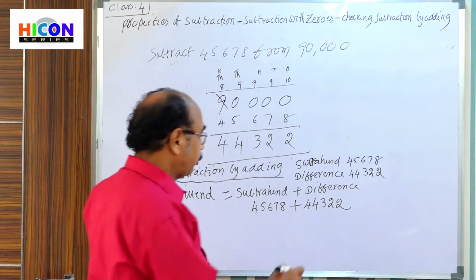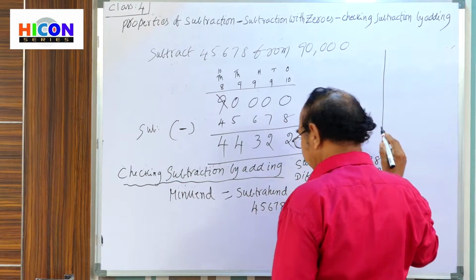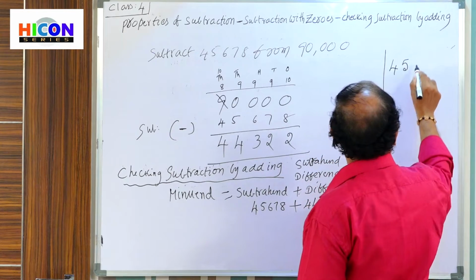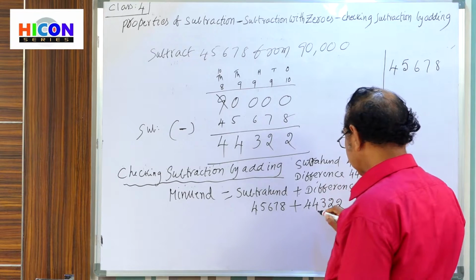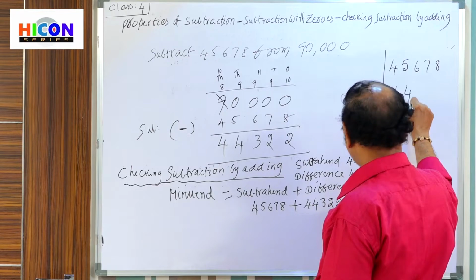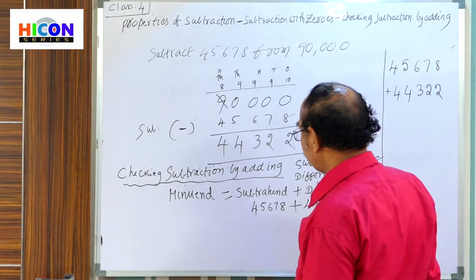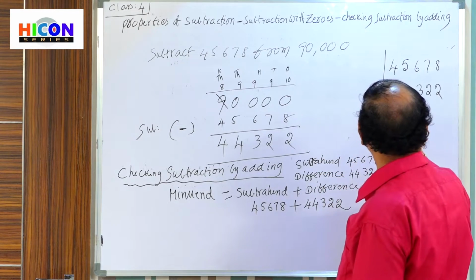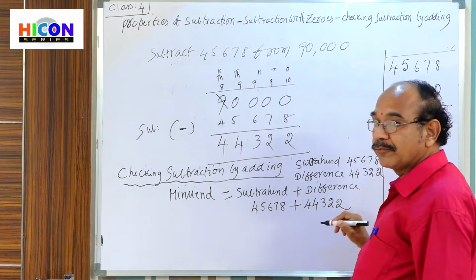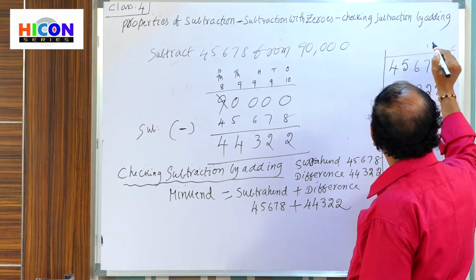Add the two numbers. 8 plus 2 is 10. Write 0 here, 1 is to be carried.